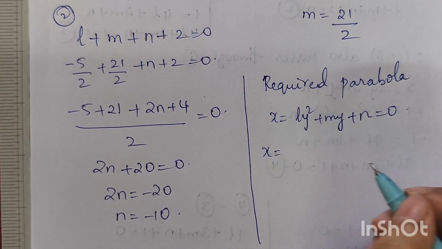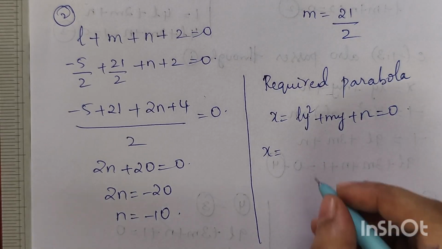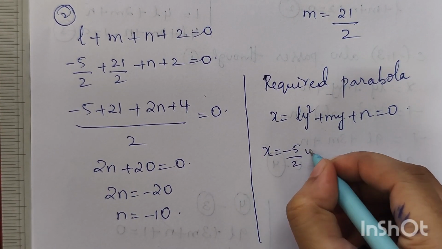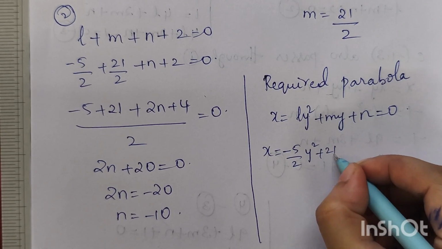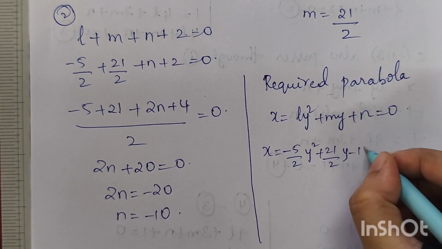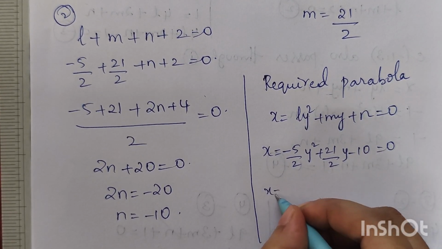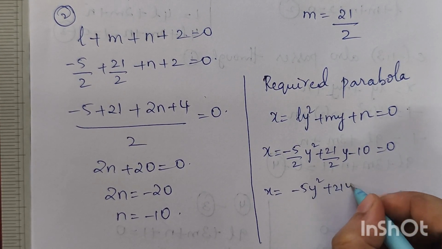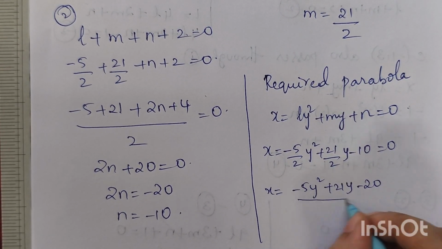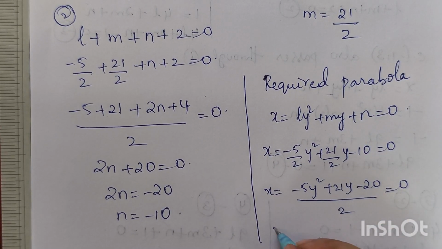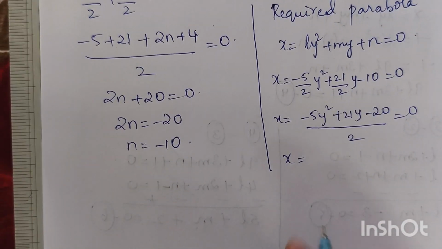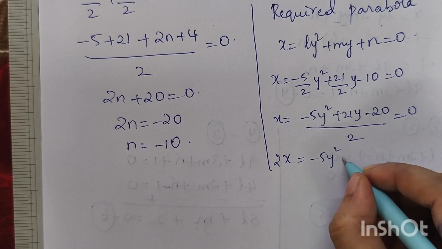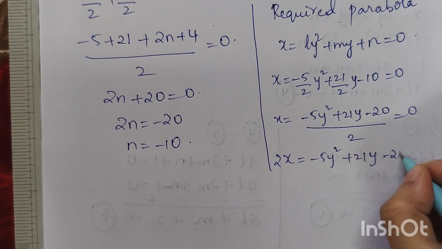So x = the value of l is -5 by 2 y square, and the value of m is 21 by 2 y, n is -10 = 0. Taking the LCM, it is (-5y square + 21y - 20) whole by 2 = 0. So x = 2 multiplied here, so it is 2x - 5y square + 21y - 20 = 0.